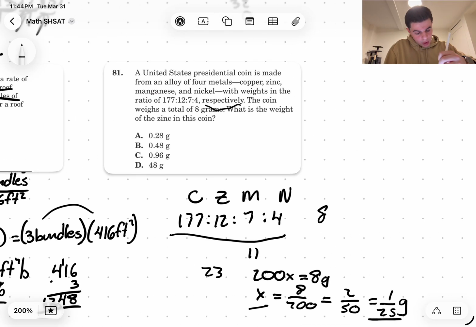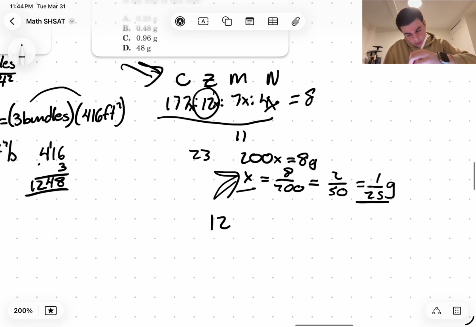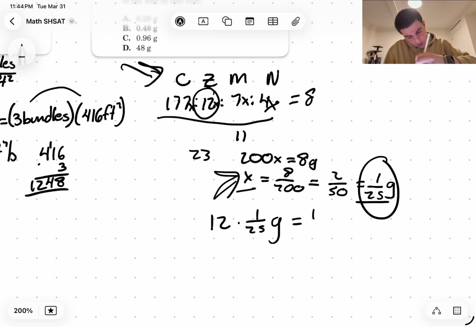Going back to our proportion, zinc is 12 out of this, so 12 times x. You can imagine that we have an x times everything here, and all that together should equal 8. So we just do 12 times 1 over 25 times g. So you get 12 over 25 g, right?